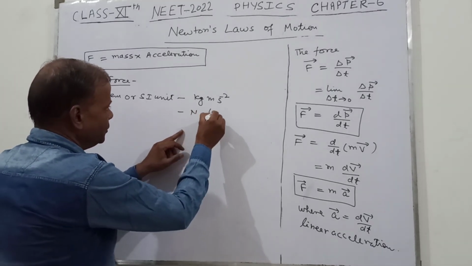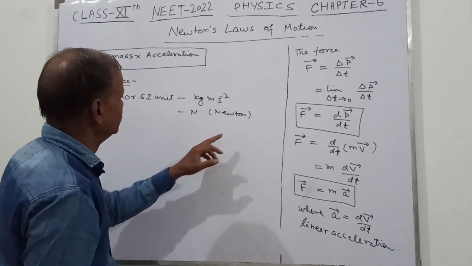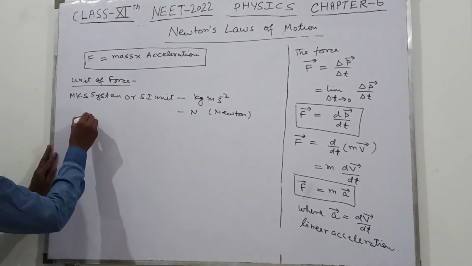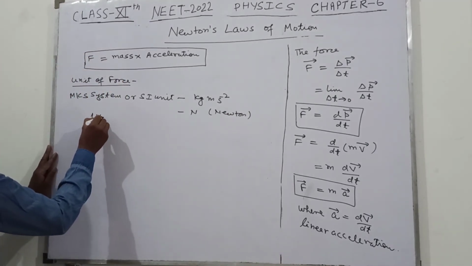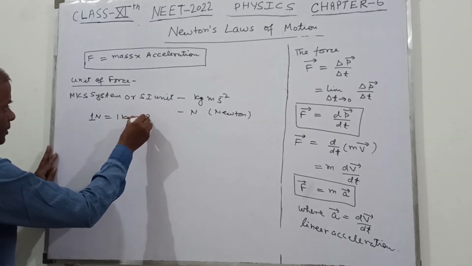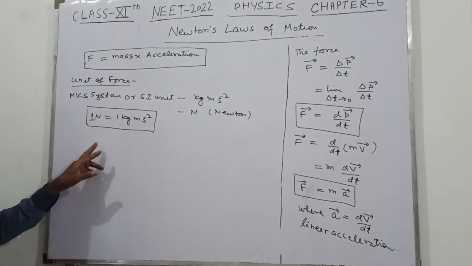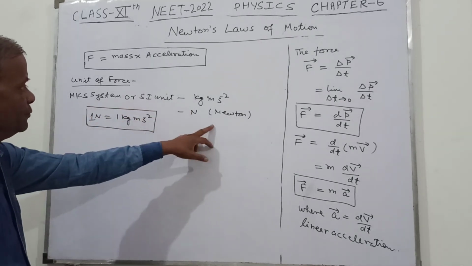N is Newton. So 1 Newton is equal to 1 kilogram meter per second square. This is in MKS or SI unit.